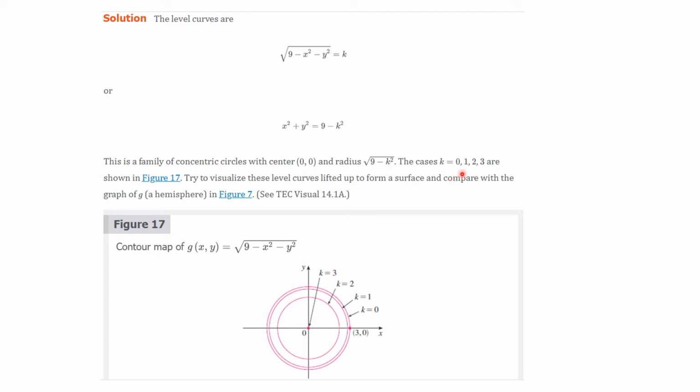Now you can go k equals 0, 1, 2, and 3. It's not defined for more than that, but this is what you get. And you try to visualize these level curves lifted up to form a surface. And in fact, we saw a picture of this before, so that's good, and we really don't have to talk more about that.